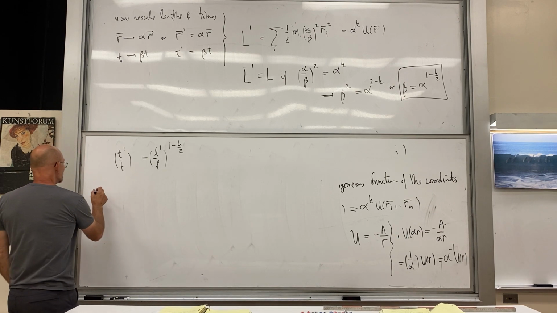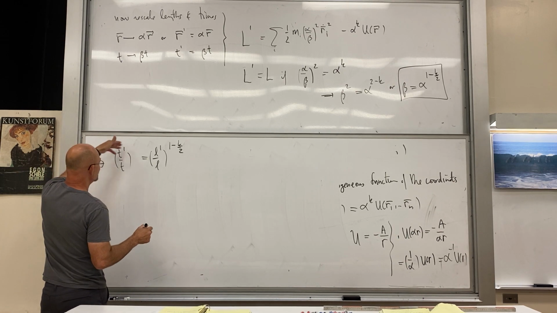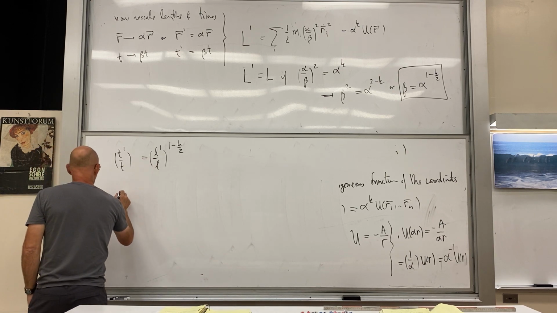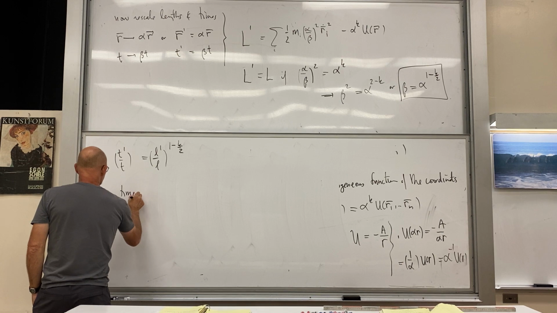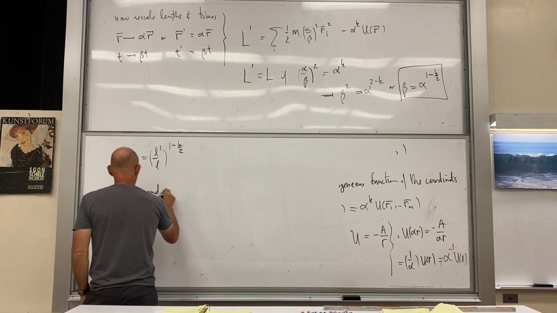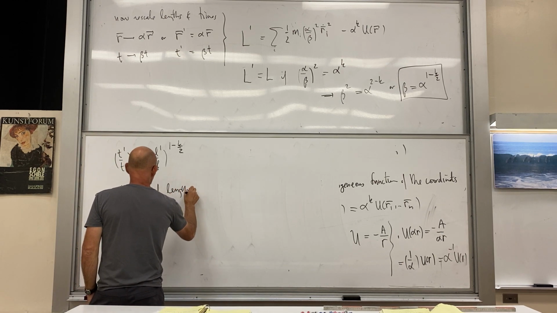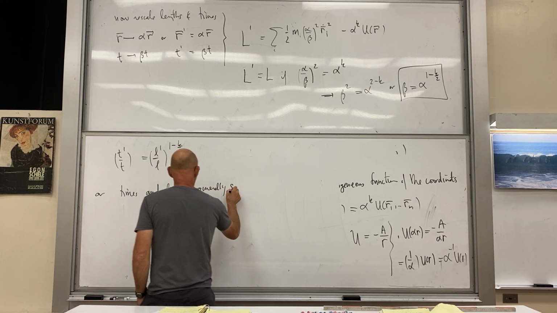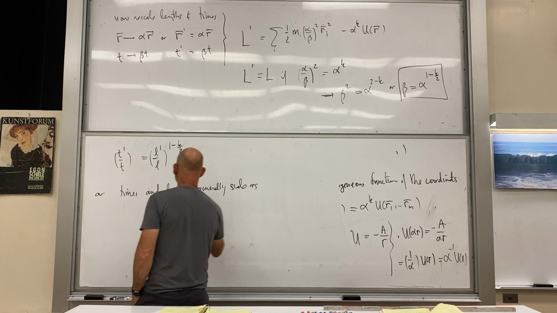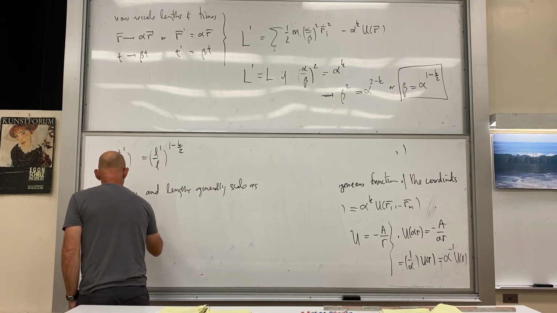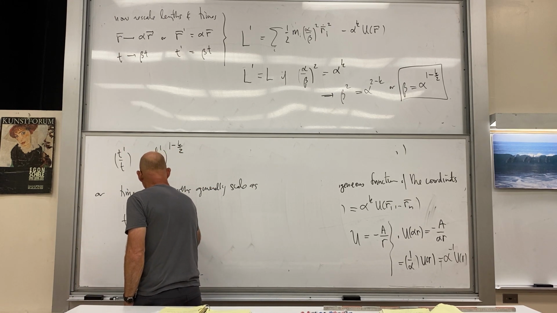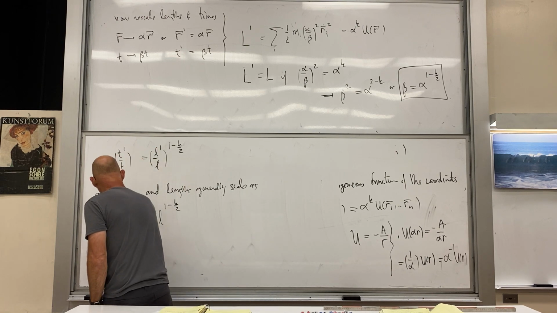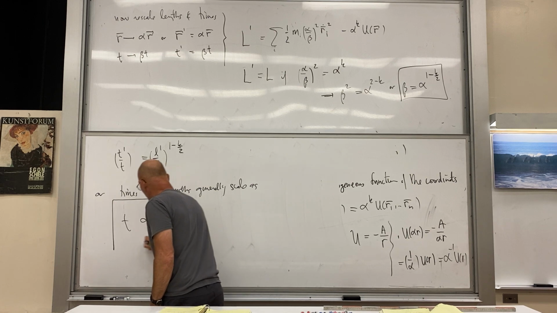And finally, since we're just talking about times and lengths generally, time scales proportional to length to the 1 minus k divided by 2, when all is said and done.